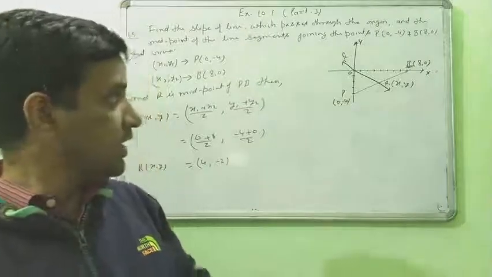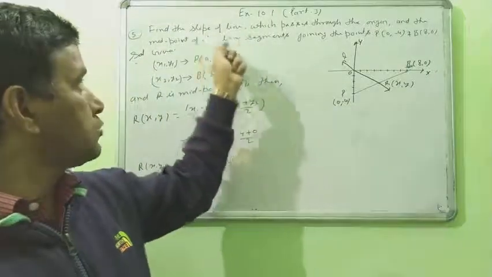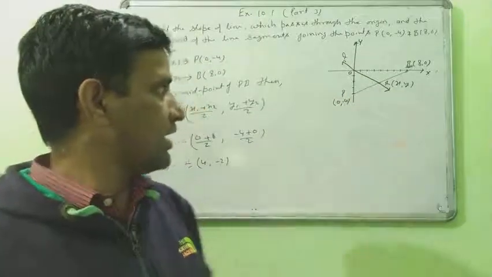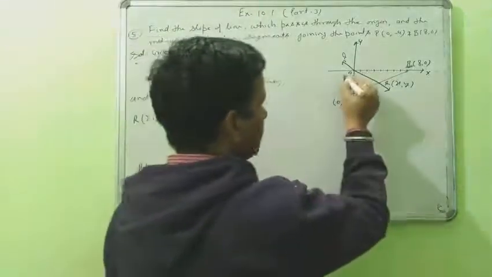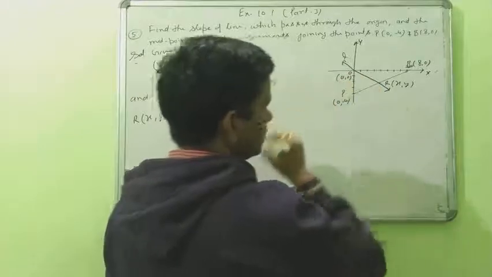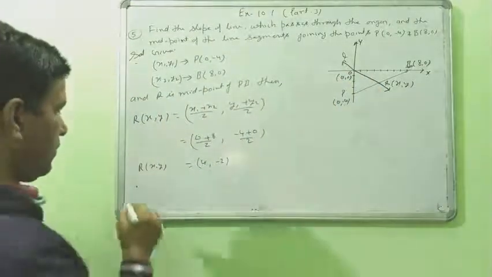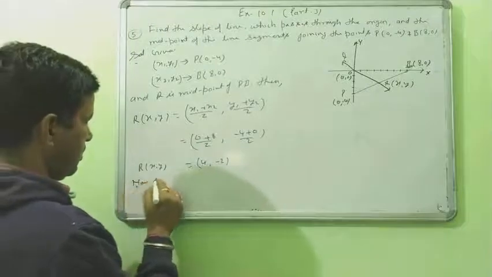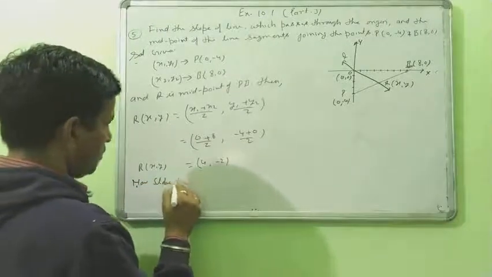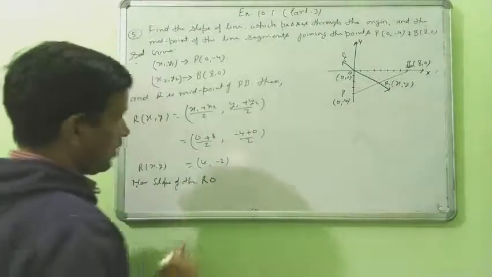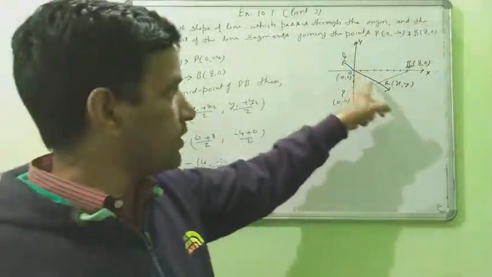Next, after that, you will find the slope of the line L. This is the origin point, and the coordinate of the origin is (0, 0). So now find the slope of the line RO.